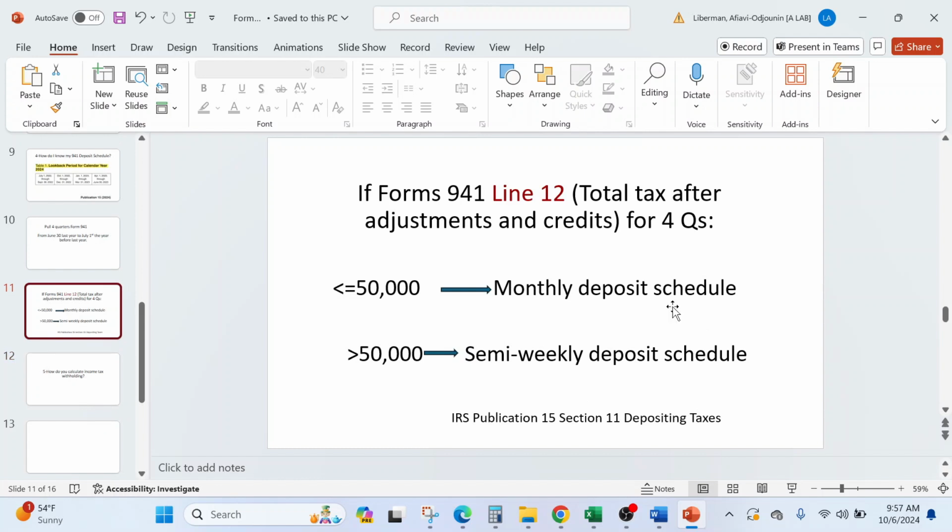If the total is equal to or less than $50,000, then you are a monthly deposit schedule. You'll choose a monthly deposit schedule, and you will make your deposit by the 15th of every month.